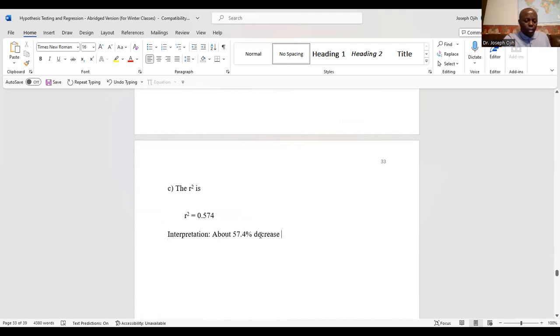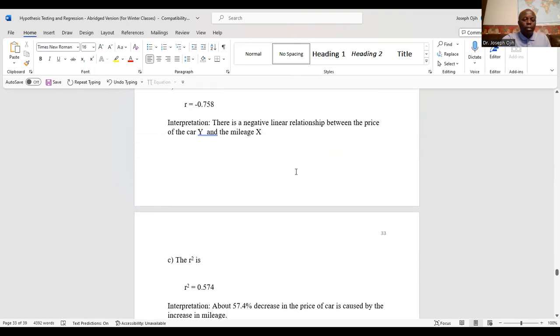You can just say change. If you don't know the direction, you can just say that 57.4% change in the price of the car is caused by this change in mileage. Yeah. No question. Good.